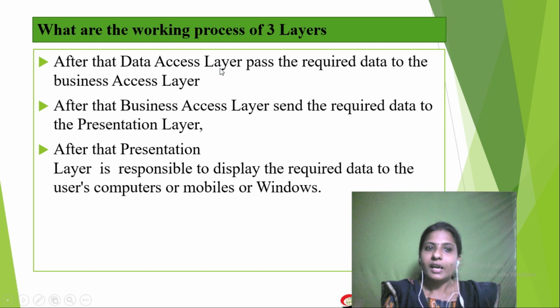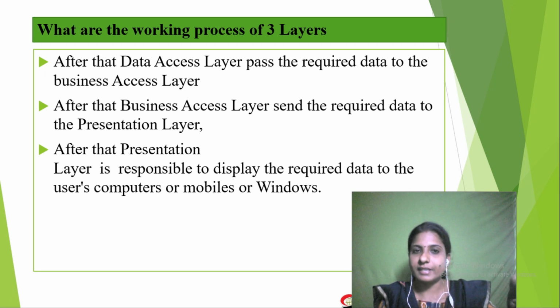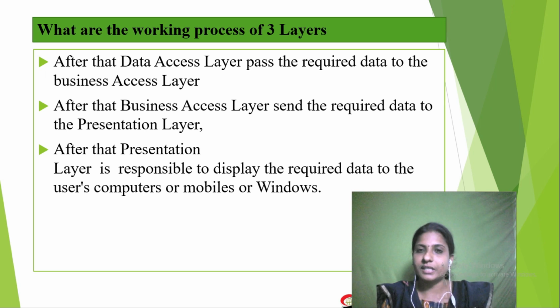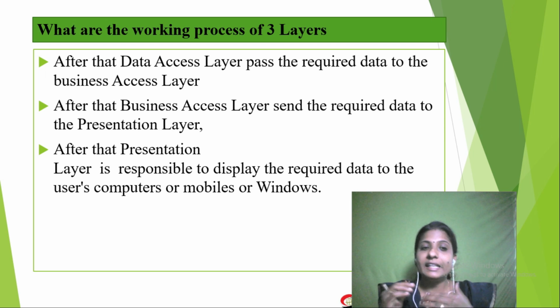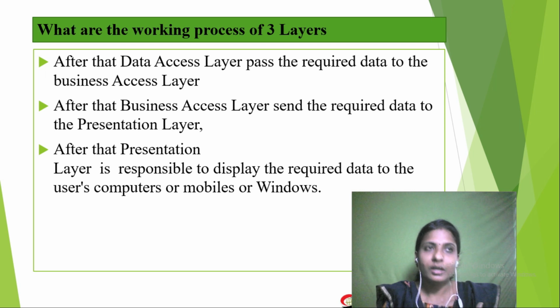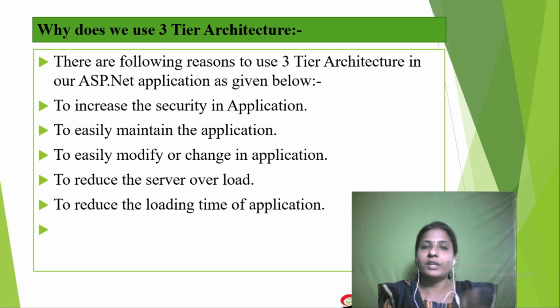After that the data access layer passes the required data to the business access layer. The business access layer sends the required data to the presentation layer. The presentation layer is responsible for displaying the required data to the user on our computer or our mobiles. This is the working process of the three-tier architecture.